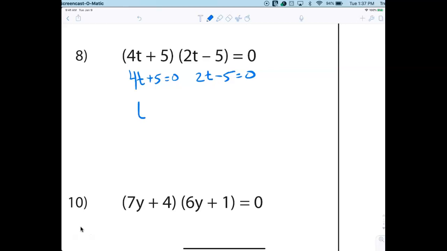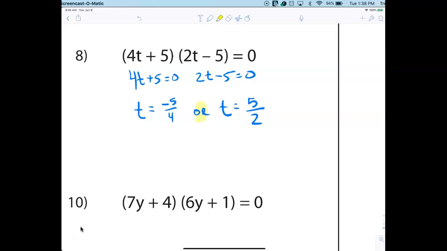So again, t equals negative 5 over 4, or t equals 5 over 2. You're adding 5 and dividing by 2. Just like the other one, you're subtracting 5 and dividing by 4. Well, this is just technical.